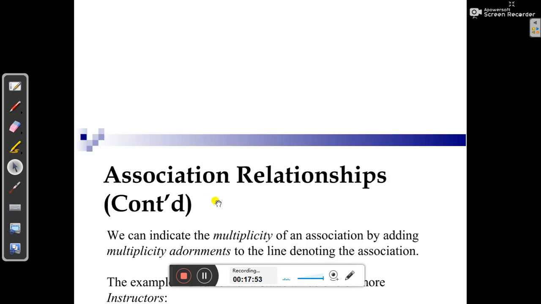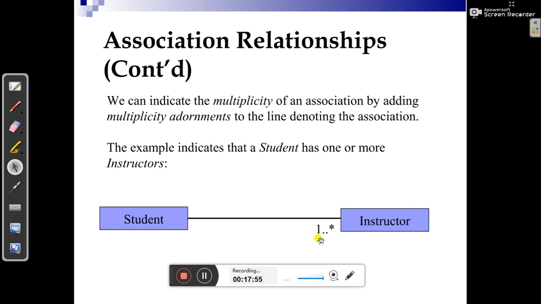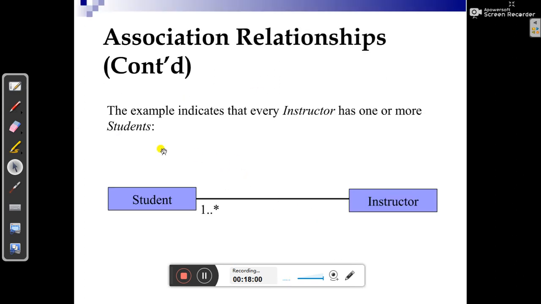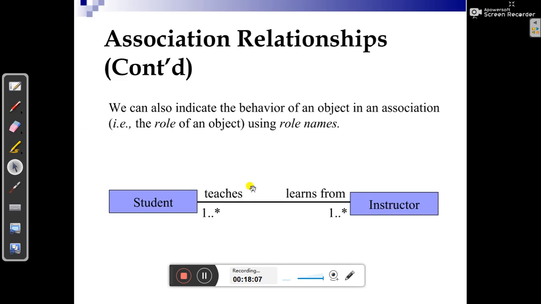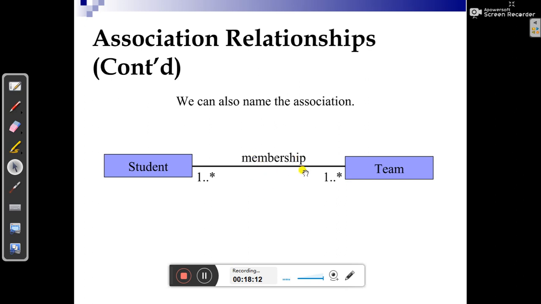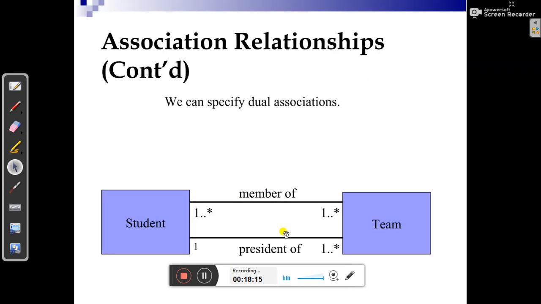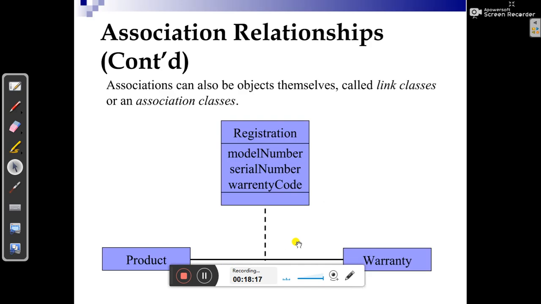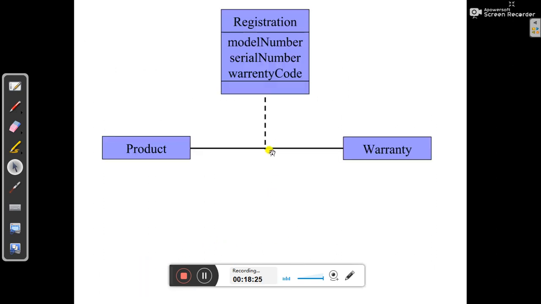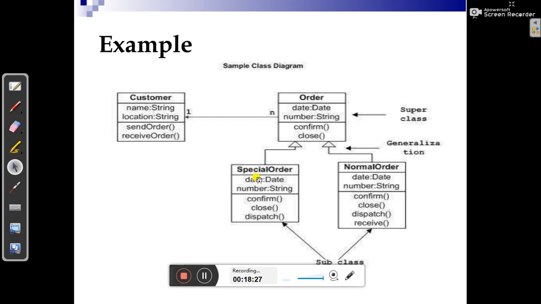In case of association, you need to mention the multiplicity of an association, and you can give the same thing in case of student also, in case of instructor also. You can give the role name also, you can give the association name also, you can give the dual association also, and the name of that link or association can be created as a class also.